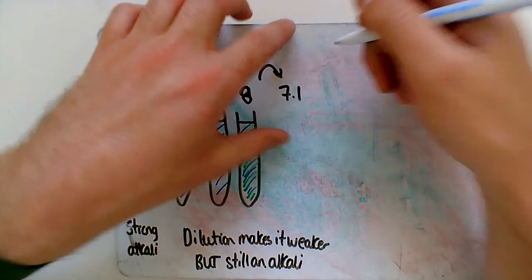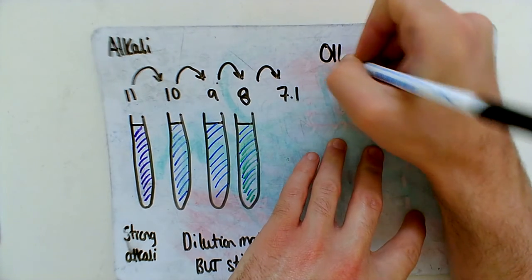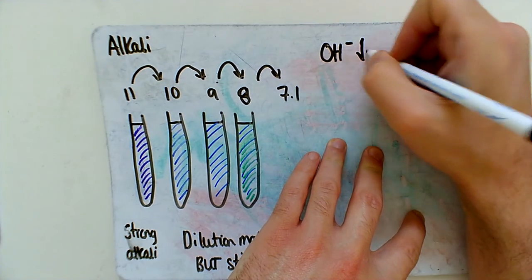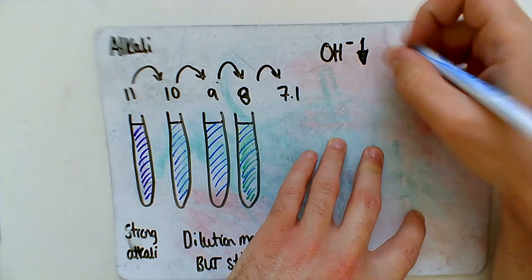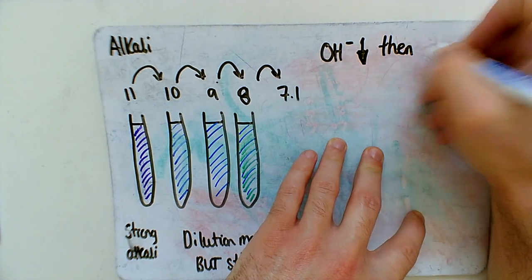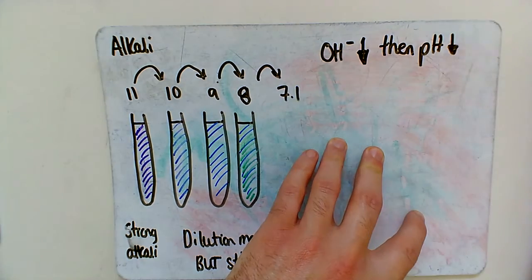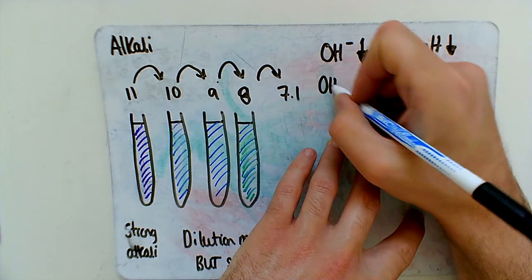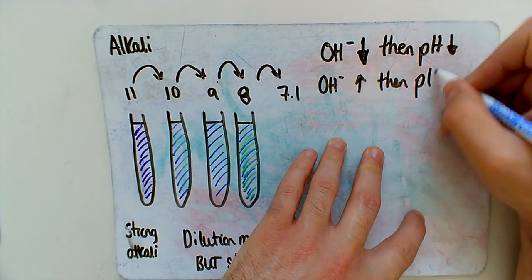Now what's happening here is that the concentration of OH minus is what's going down. And the concentration of OH minus, if it goes down, then pH goes down. Or you could say if this goes up, then pH goes up.